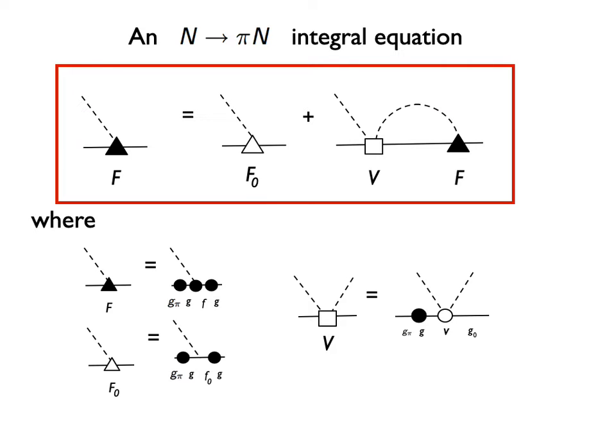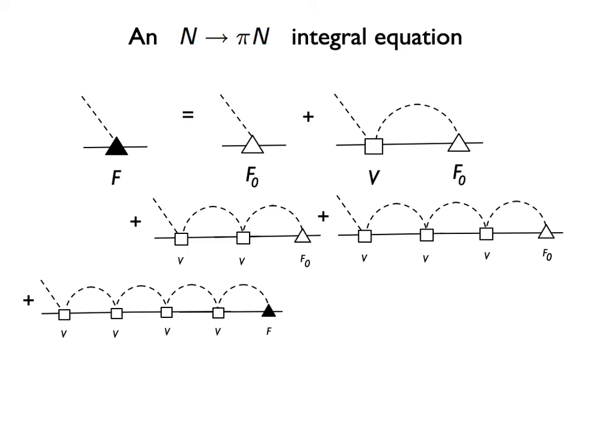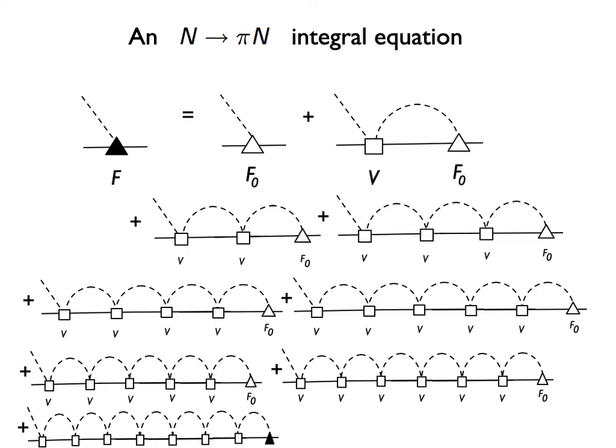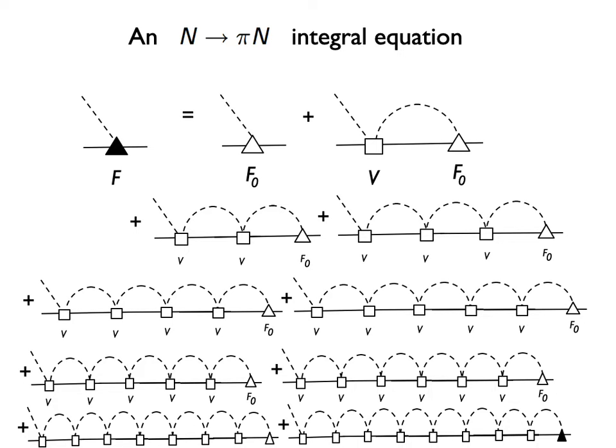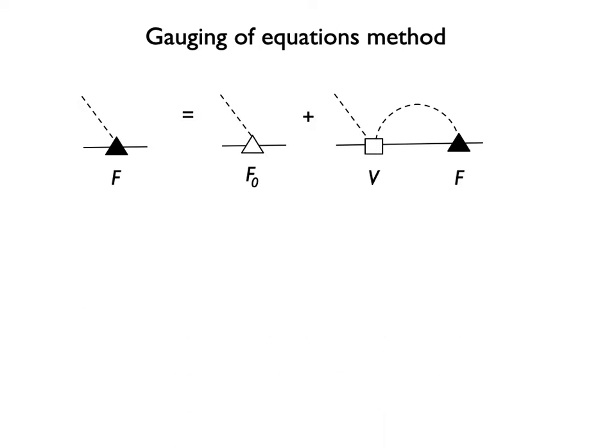By repeatedly plugging the left-hand side into the right-hand side, it's easy to verify that it contains an infinite number of diagrams, and hence places where a photon could attach. But if we just leave the equation as it is, there are only 4 possible places where a photon could go, and so gauging this equation takes us about 5 seconds, and we get this.